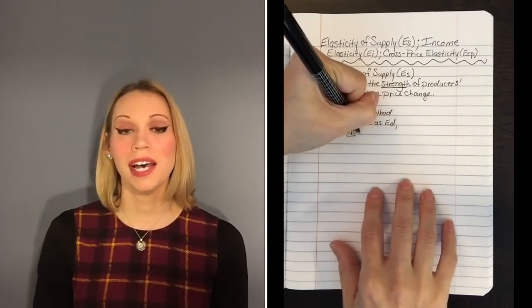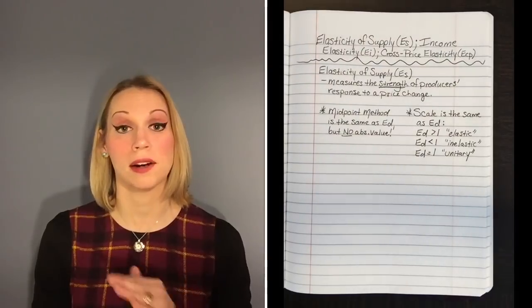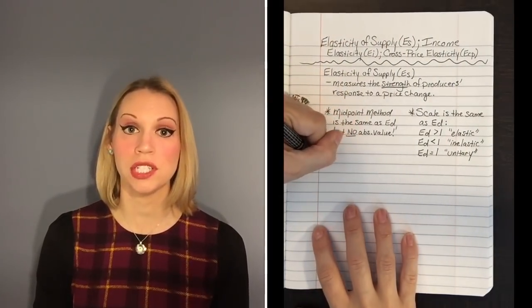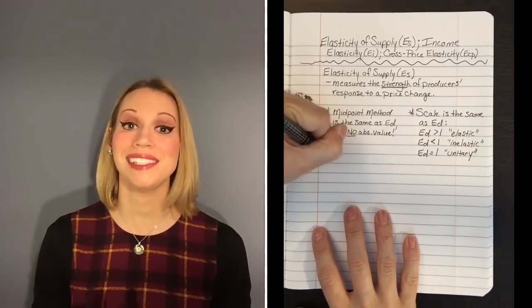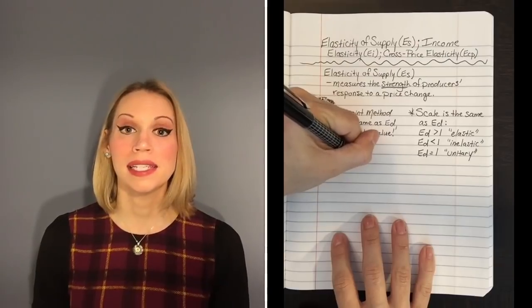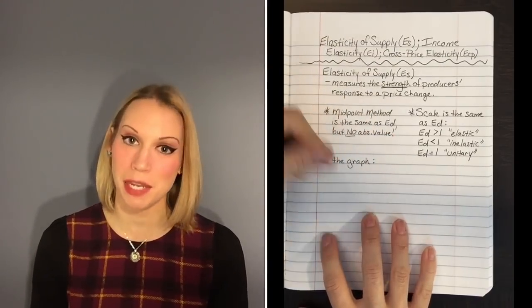Now, to find the elasticity of supply, all the rules you learned with elasticity of demand still apply. They're all the same. To find your elasticity of supply coefficient, you would use the midpoint method exactly as you have been practicing with elasticity of demand, except now price and quantity supplied move in the same direction.